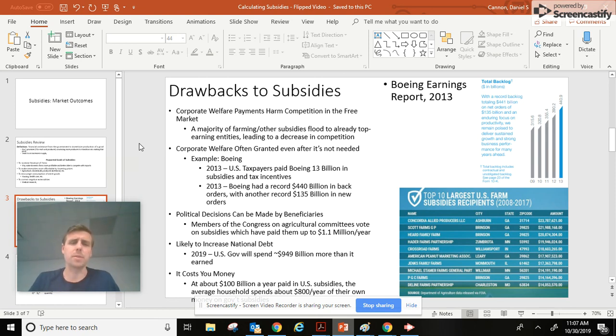Some of the problems down here you can see, I'll just give you one example with Boeing here. So a good example is the government in 2013 paid about $13 billion to Boeing in subsidies and tax incentives.